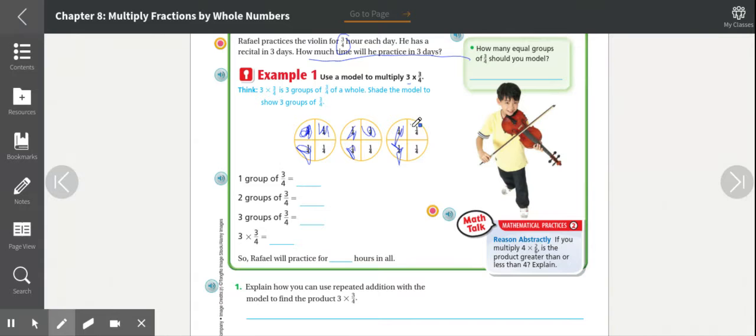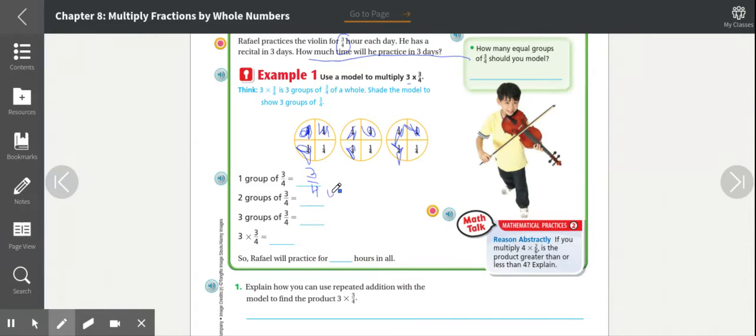Again, your shading probably looks neater than mine. Okay, so one group of 3/4, so one day that he practices for 3/4 hour would be 3/4. Two groups of 3/4 or 2 times 3/4 would be 1, 2, 3, 4, 5, 6/4.